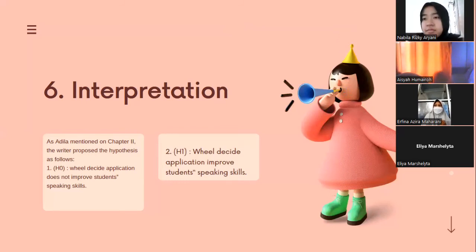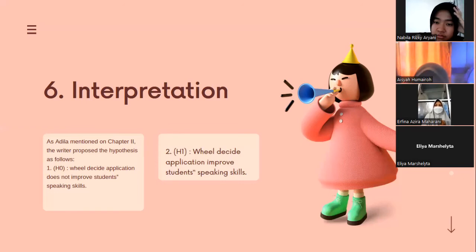Thus, the data analysis revealed that there is an improvement from using the Will Decide application in teaching speaking skill for 10th graders. This can be seen from the post-test scores of students. Speaking performance after being treated with the Will Decide application was higher than their scores before the treatment.